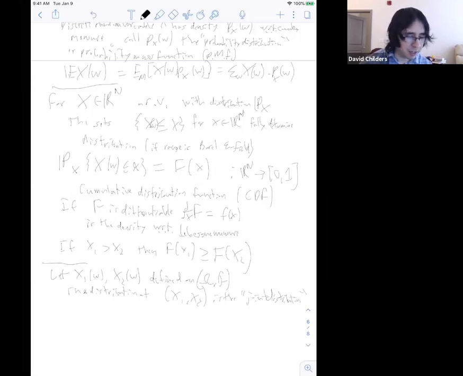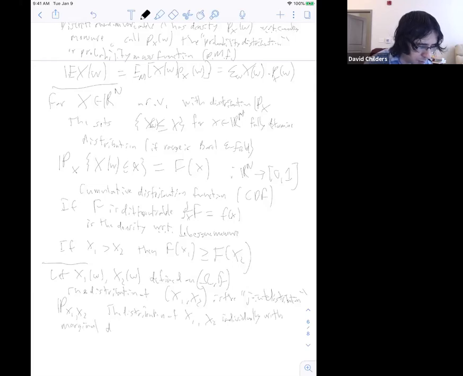There's nothing really fundamental about it. It's just the distribution of a variable that's in Rn. We sometimes denote this p_{x1,x2}. And then the distributions of x1, x2 individually are the marginal distributions.